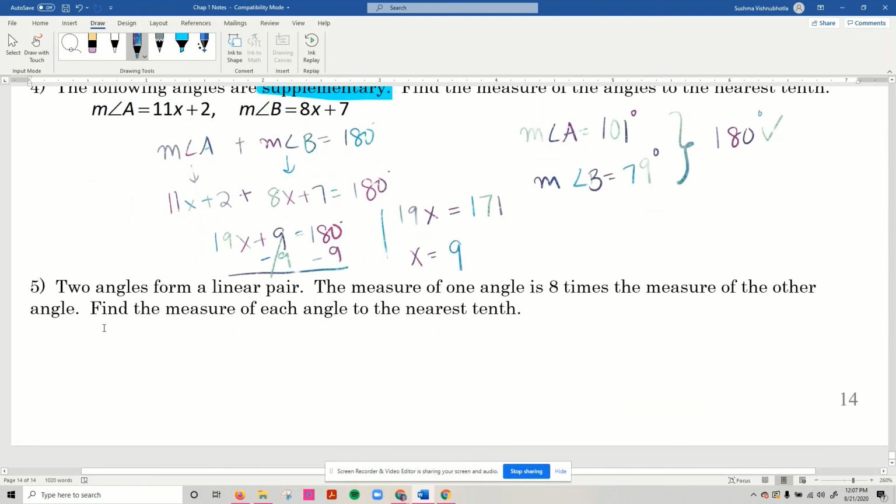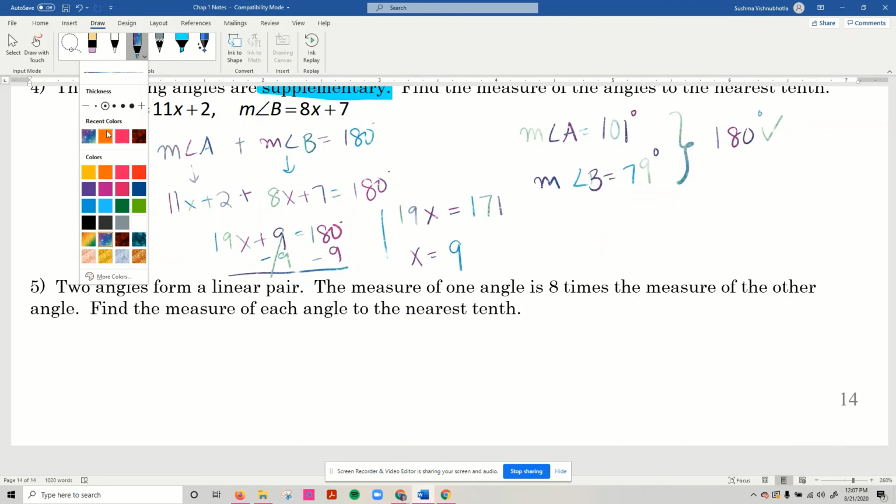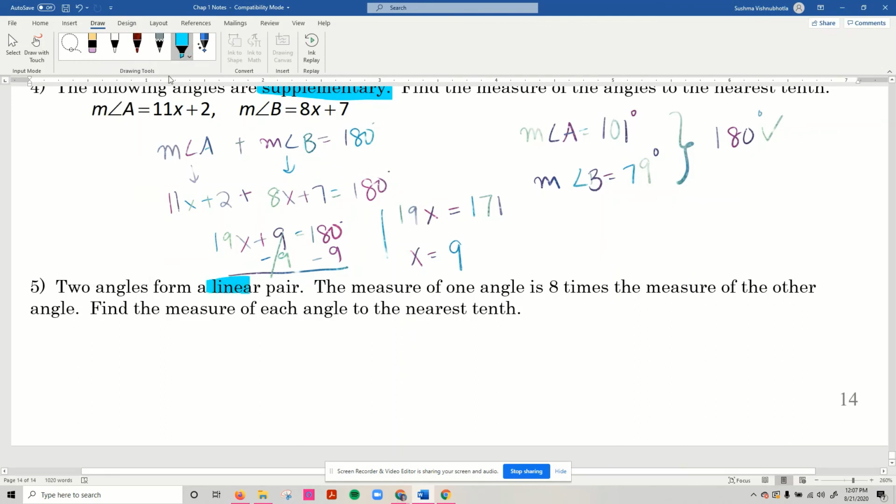Now, the last type here is what we're going to go into in class on Monday for a little bit: two angles form a linear pair. The expressions for those angles, you have to create them based on the words. So, two angles form a linear pair.